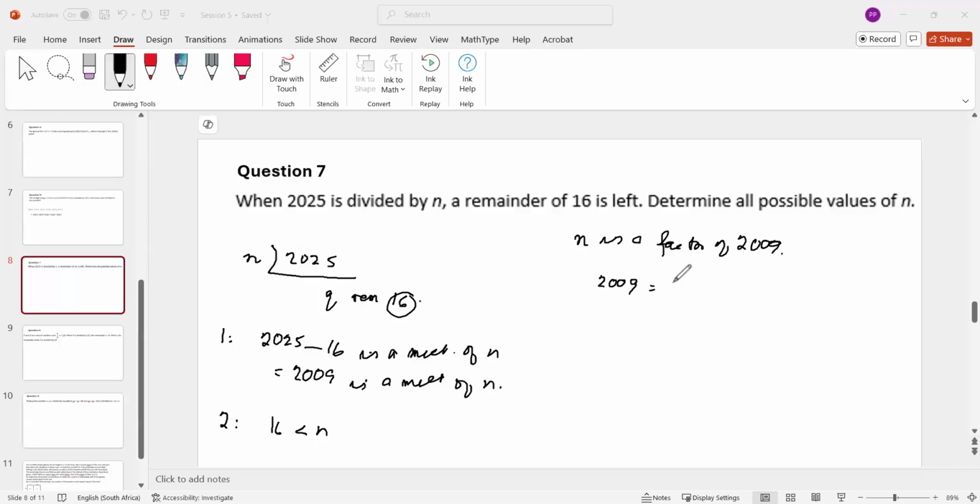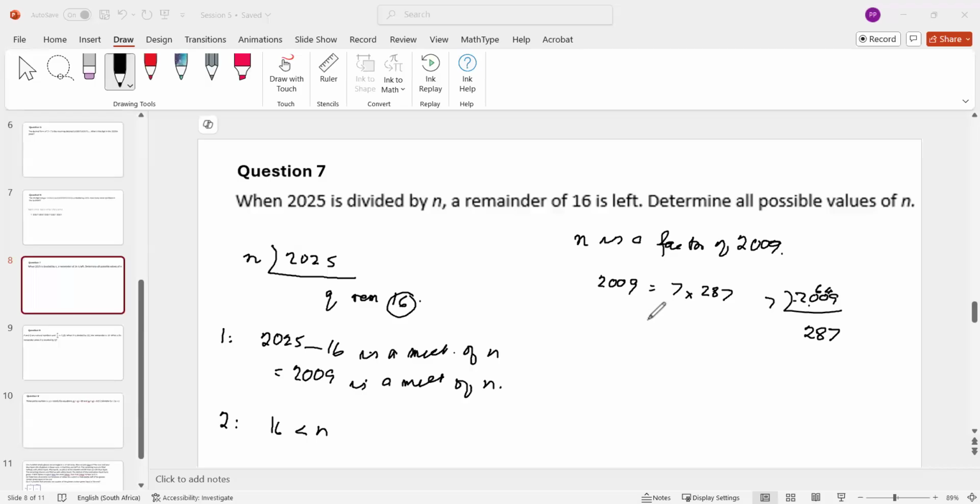Let's try 7. 7 into 2009: 7 goes into 20 2 times, 2 sevens 14, carry 6. 7 goes into 68 times, 8 sevens are 56, remainder 4, 7 goes into 49 7 times, bingo. So 7 is a factor. So it's 7 times 287.